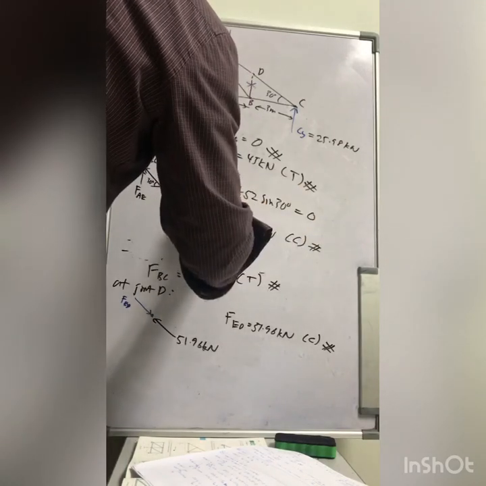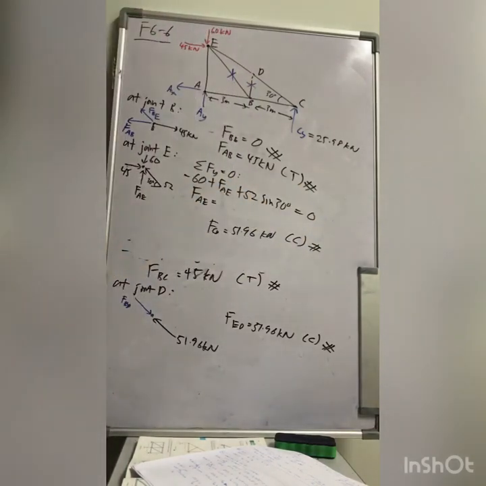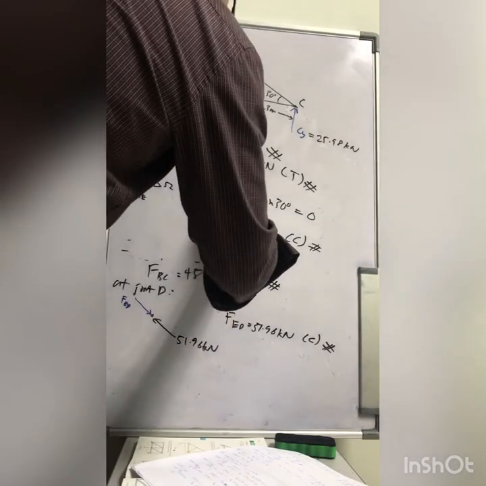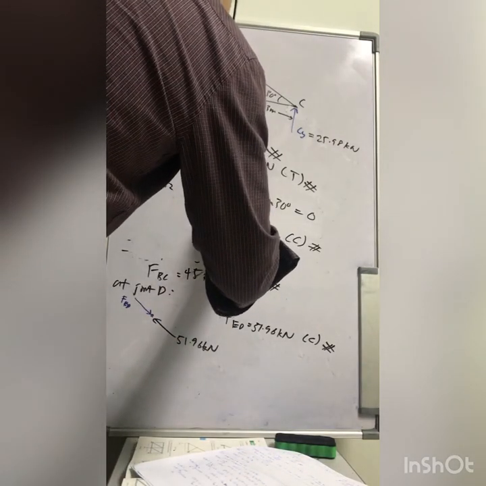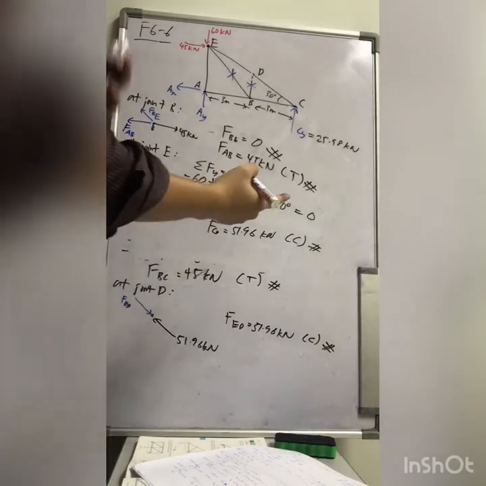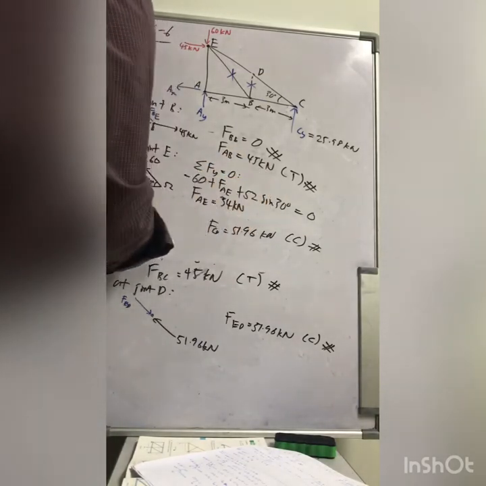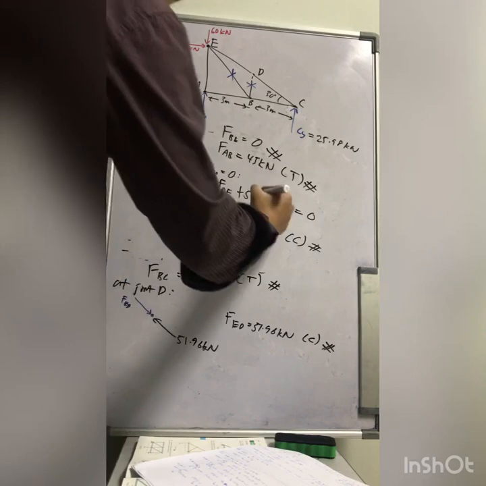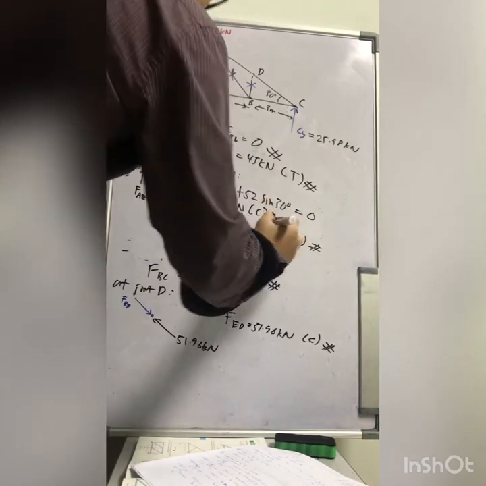So you hit your calculator, your FAE is 34 kilonewton. From this equation, you got 34 kilonewton, which is a positive value. So actually your initial assumption is correct, which is going inside, so it's a compression.